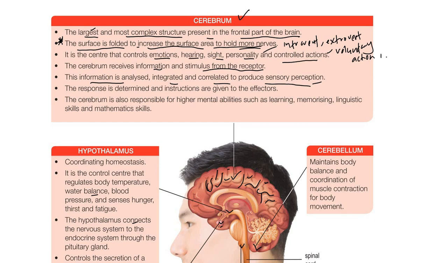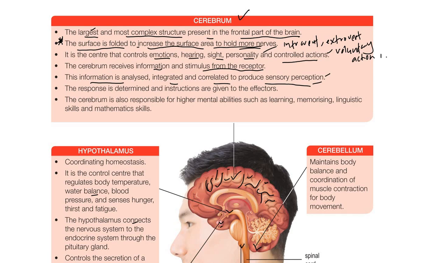What is our eyes' perception? Our eyes detect light, and then we produce the appropriate response, depending on the stimulus. This is sensory perception: detecting stimuli, recognizing the stimuli, and also producing the response.